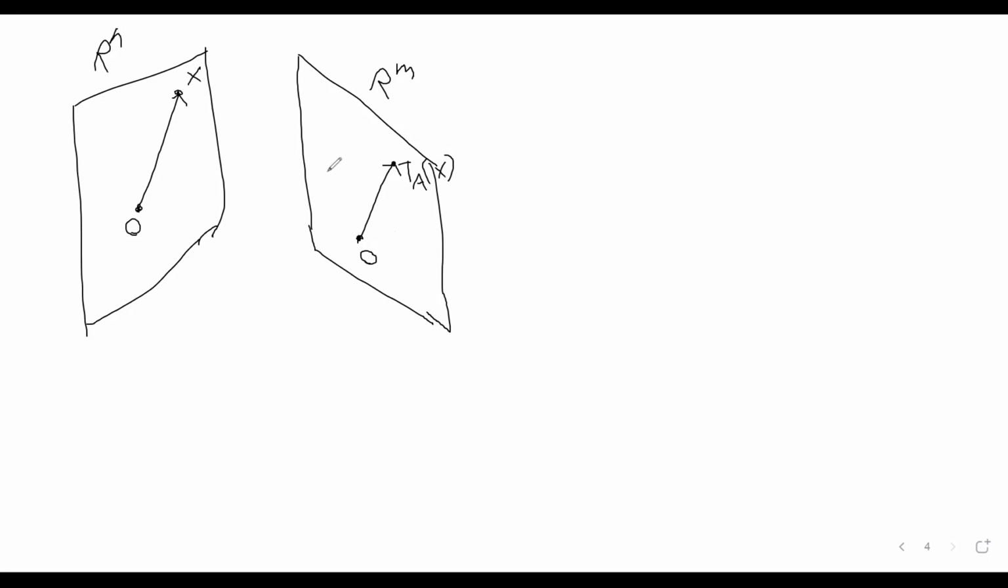So the input and output points are not just points, they're actual vectors themselves. This function T sub A is mapping vectors to vectors. So one viewpoint is that you're mapping vectors to vectors. So T sub A maps vectors to vectors.